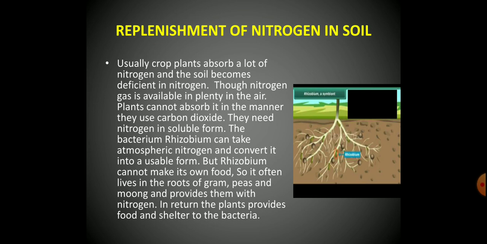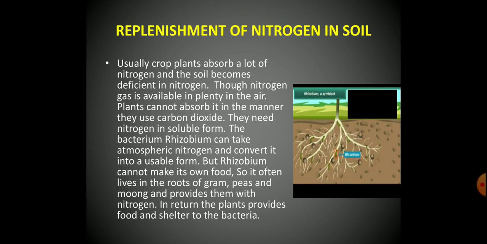The bacterium Rhizobium can take atmospheric nitrogen and convert it into a usable form, but Rhizobium cannot make its own food, so it often lives in the roots of gram, peas, and mung and provides them with nitrogen. In return, the plants provide food and shelter to the bacteria.